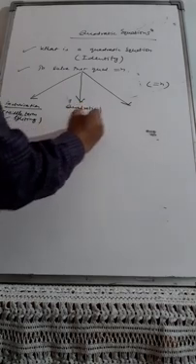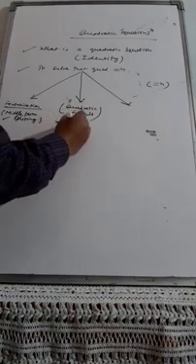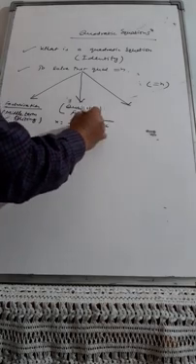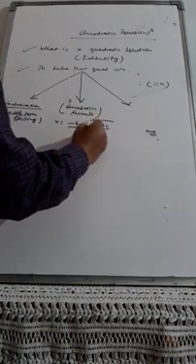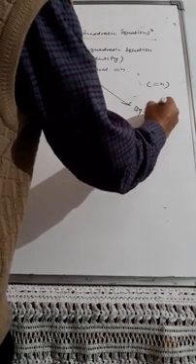Very interesting and very easy. What is that? I will be using x is equal to minus b plus minus square root of b square minus 4ac, whole upon 2a. So by using this formula we can solve the quadratic equation. And the third is by the method of completing the square.